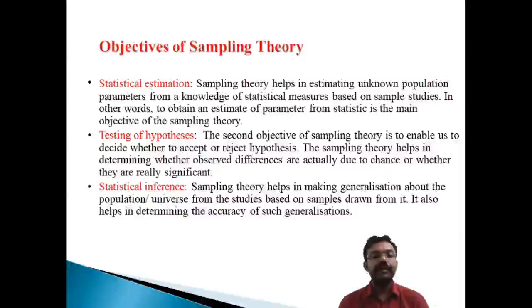That means a good hypothesis is always related with at least one independent variable and one dependent variable. So the second objective of sampling theory, testing of the hypothesis, is to enable us to decide whether to accept or reject the hypothesis. And that hypothesis purely depends upon the population and samples.